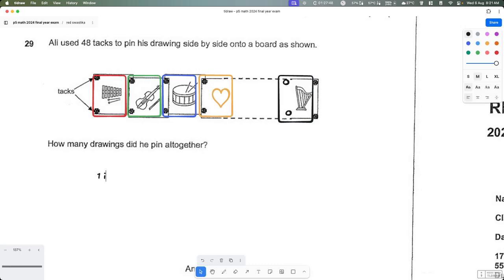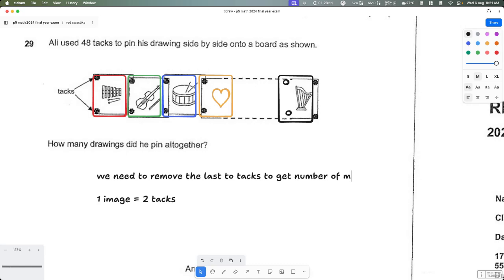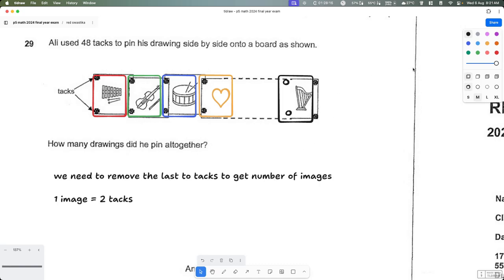So one image requires two tacks. So we need to remove the last two tacks to get the number of images. Let me put this in red. So these two gone. We need them gone, sadly. These two tacks we need to remove.